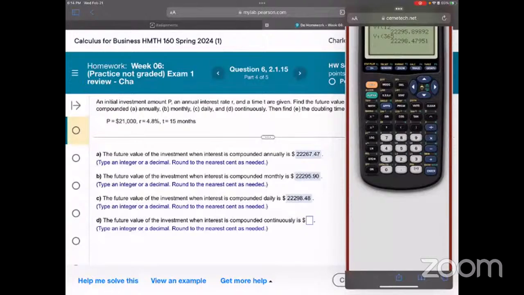Continuous compounding means the number of compoundings per year is always applied. So if we let N be a really large number, it should be close enough to the continuous result. I'm going to try it and see if it works. If it doesn't work, then I'll just use the continuous formula.